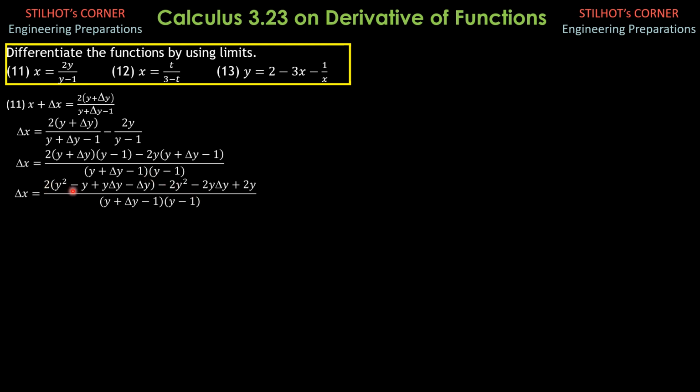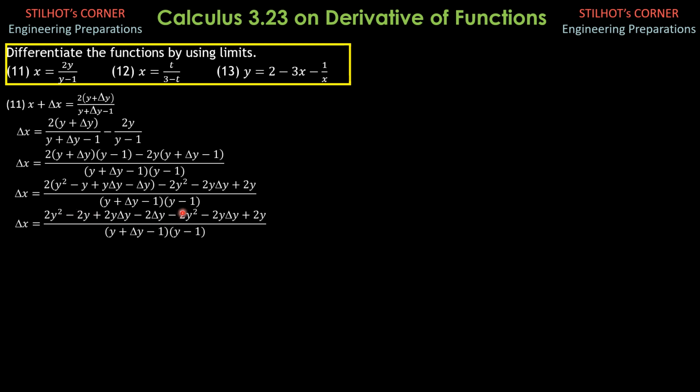So we can eliminate 2y squared, negative 2y and positive 2y. Can eliminate that. So write this as delta x equals 2y squared minus 2y squared plus 2y delta y minus 2 delta y minus 2y squared minus 2y delta y plus 2y all over quantity y plus delta y minus 1 y minus 1.